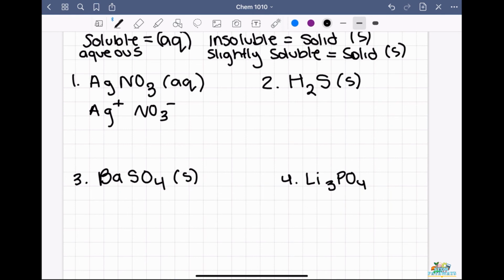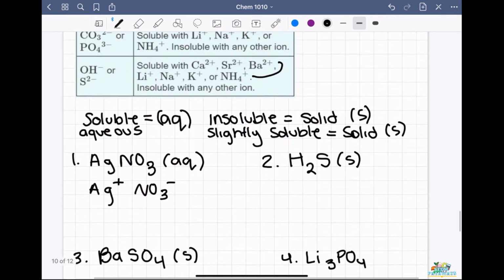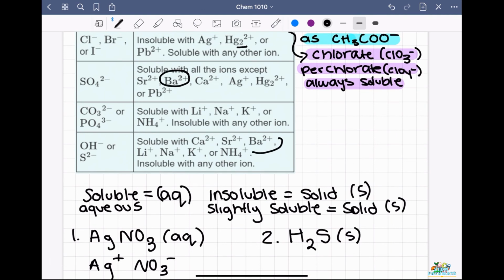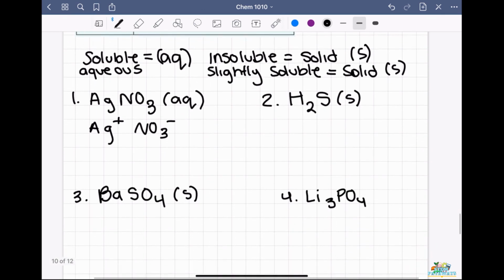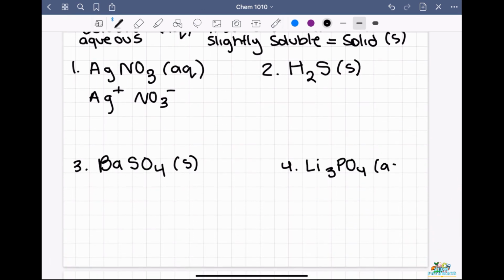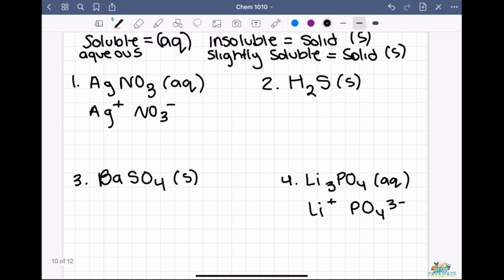And then we have lithium phosphate, and coming up here, it is soluble with lithium. So it would be aqueous. So it would be Li plus and PO4 3-. And those are just a few examples to help you practice with the solubility rules.